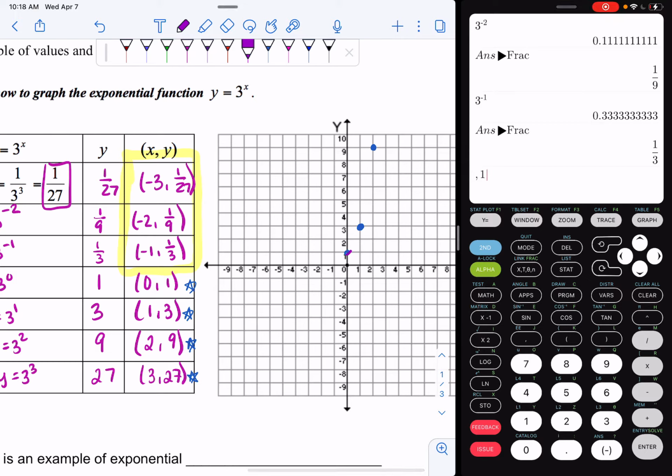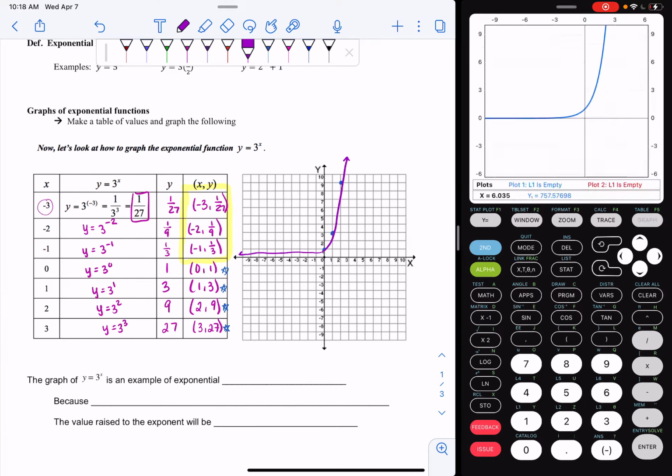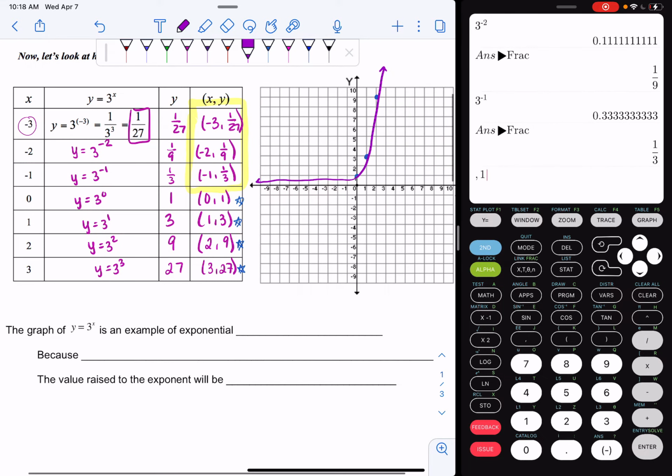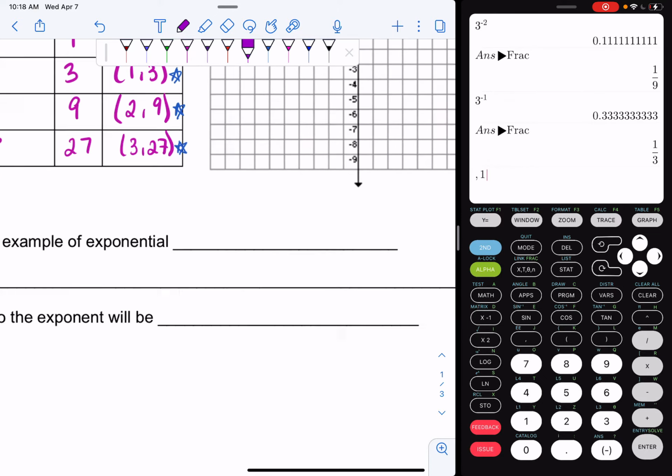So I'm going to draw a line going up like this, and then I'm going to make it slowly approach my x-axis as well as I can. And that is what our graph of y equals 3 to the x looks like. It will never touch your x-axis. So the graph of y equals 3 to the x is an example of exponential growth.